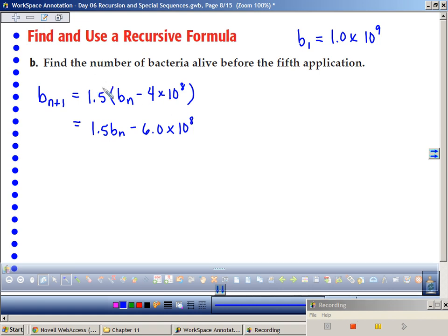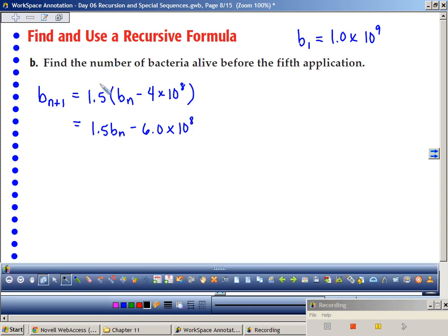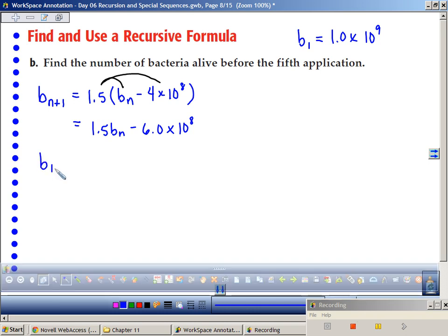Yeah, that's distributing. Are we good? Okay, moving on. So if I want b sub 1 plus 1, I would just substitute. I know what b sub 1 is, right?